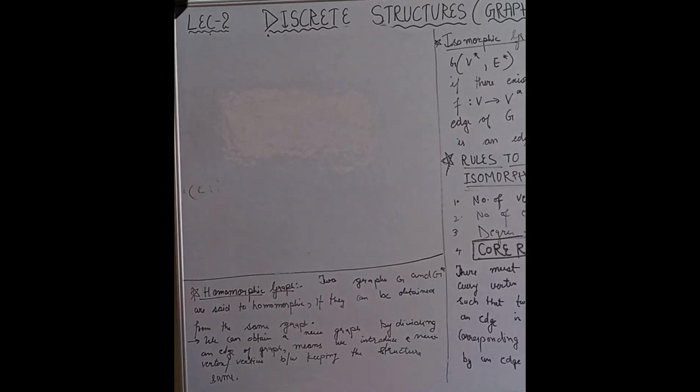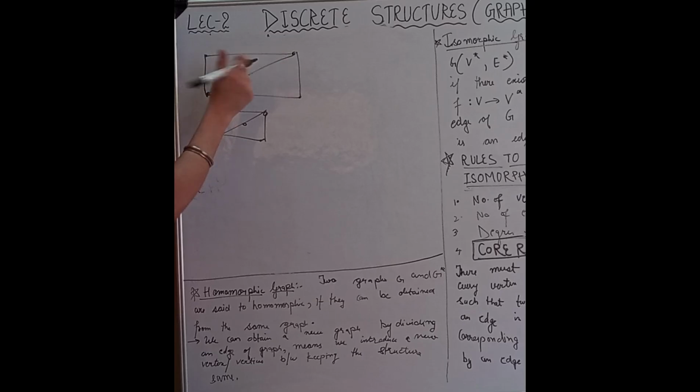Let's understand homomorphic graphs with the help of an example. Suppose we have this graph. I can make a homomorphic graph from this graph. How? If I introduce a vertex here, this will become this. This is the homomorphic graph. We do not have to change the original structure of the graph, but we can introduce a new vertex.